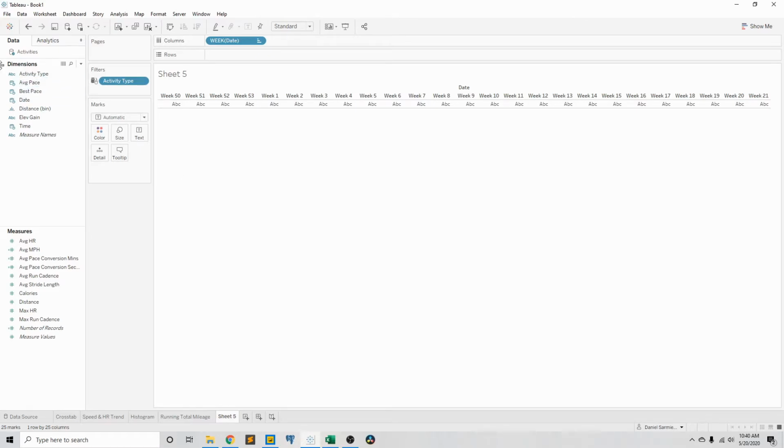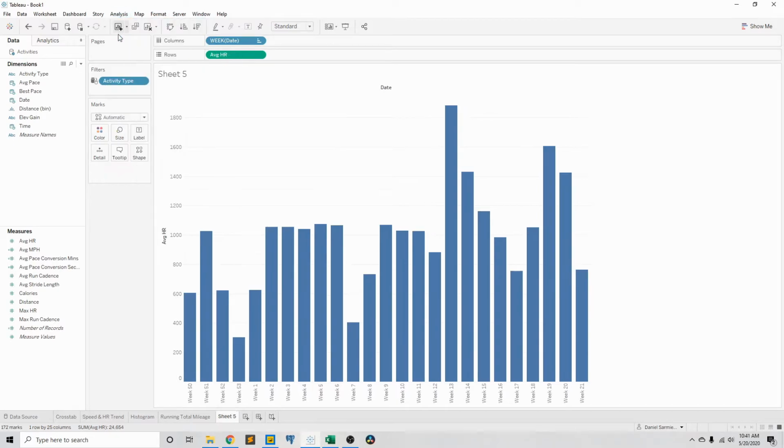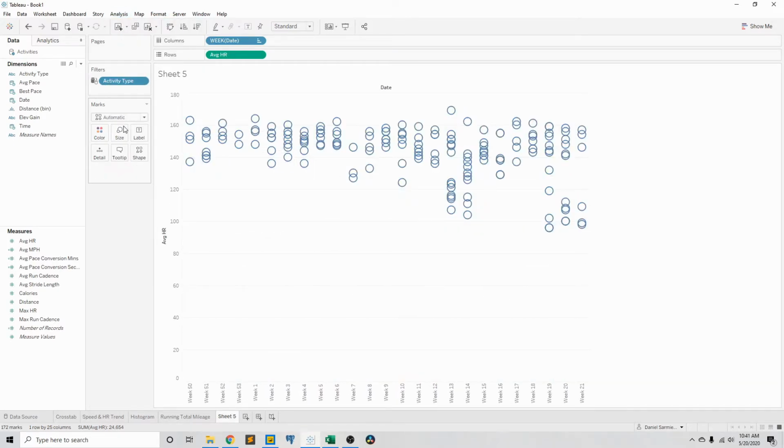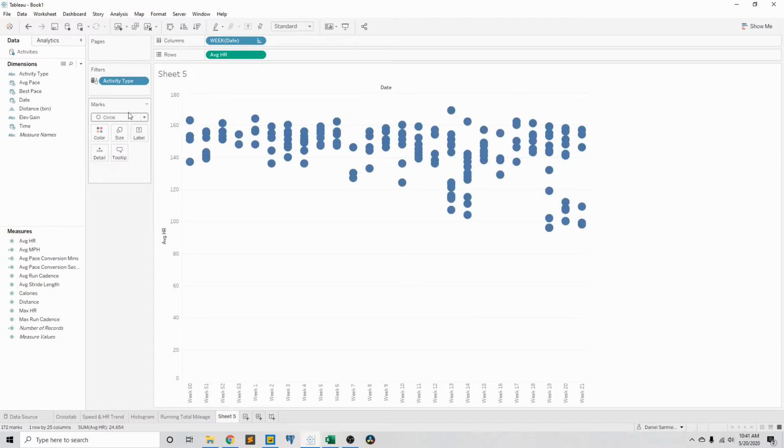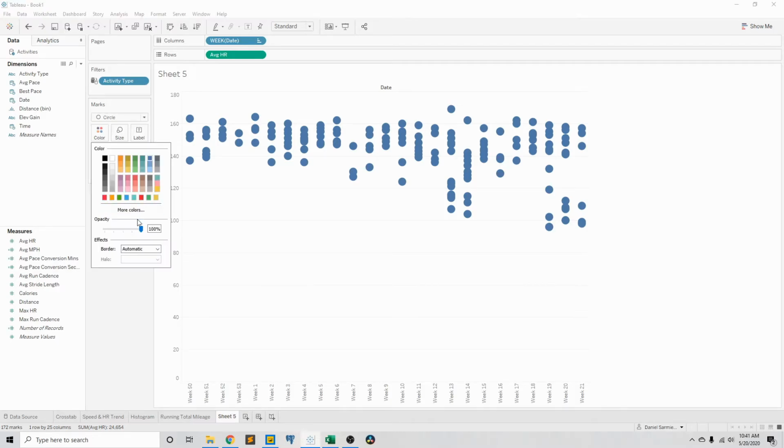What I'm going to create over here is a value distribution for this average heart rate. I'm going to deselect this aggregation, and I want these to be little circles, maybe smaller. Okay, and let's change the color of these so it'll be a little bit easier to see all of these.